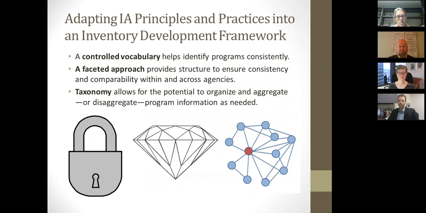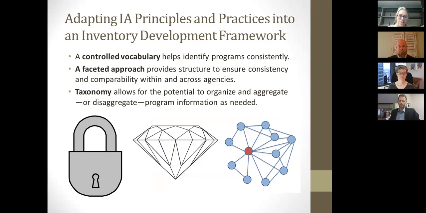This will ensure that terms are used in a consistent manner. So when you see a term in the inventory, you know what it's referring to. As Drew said, there are some challenges there with terms like rural that are defined in statute, but it's important to have some bounds around the terms that are used so users understand what those terms mean.